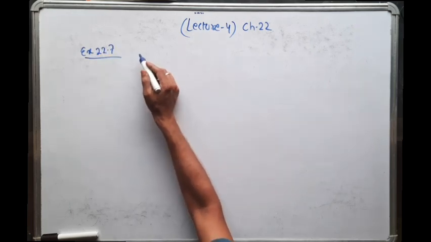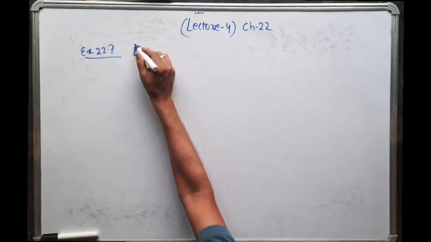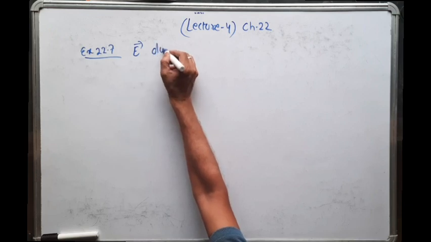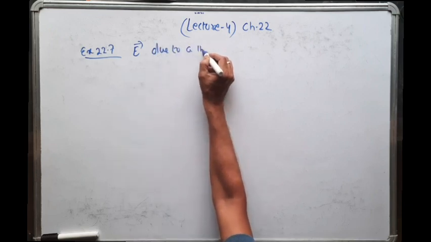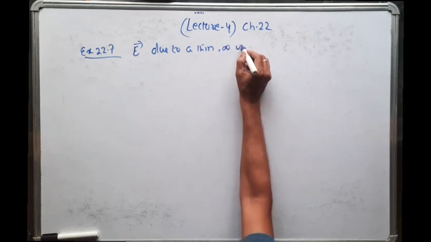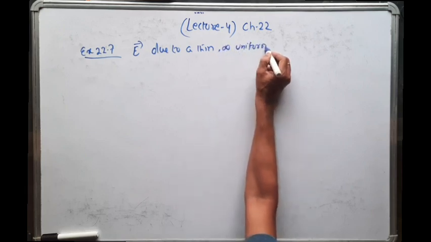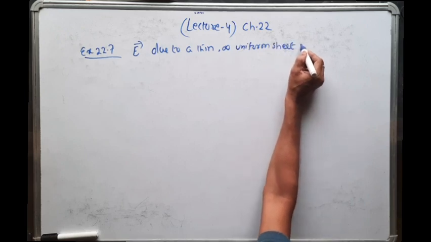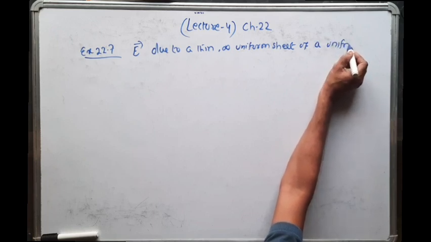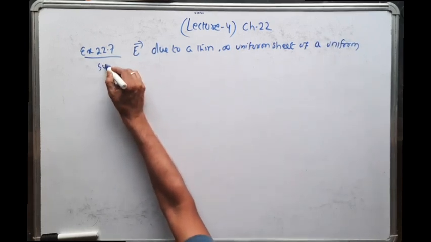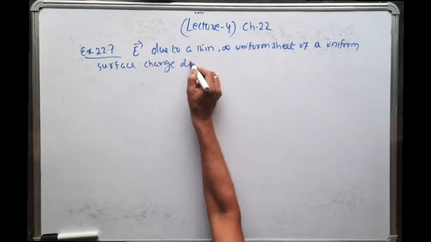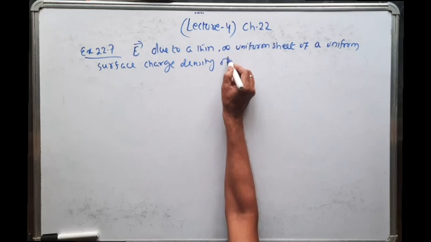In this example, we have to find the electric field intensity due to a thin infinite uniform sheet of a uniform surface charge density of sigma.